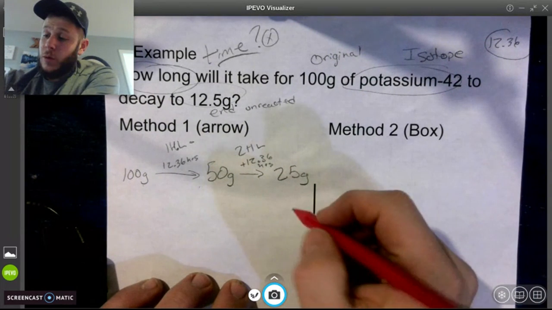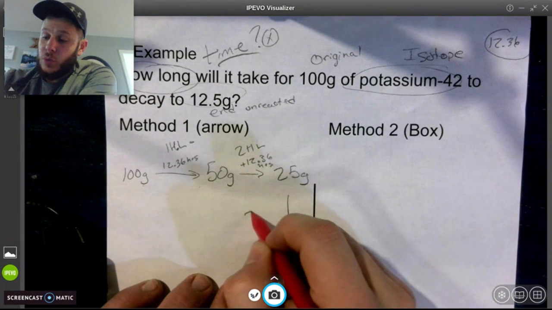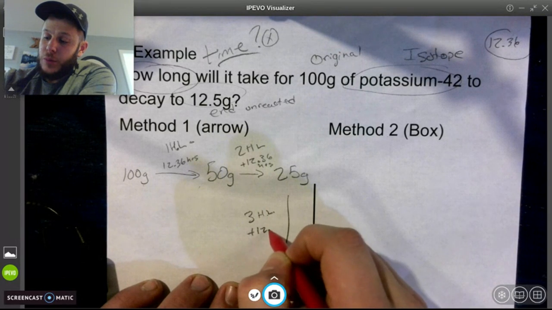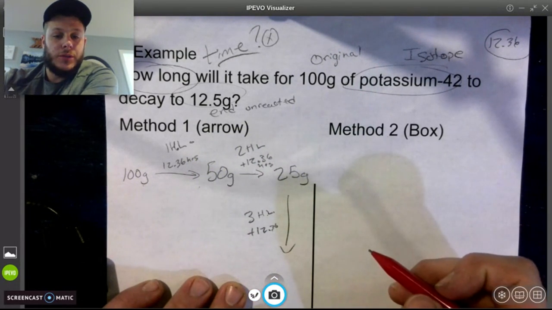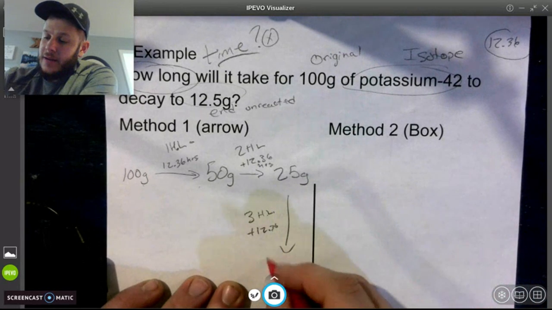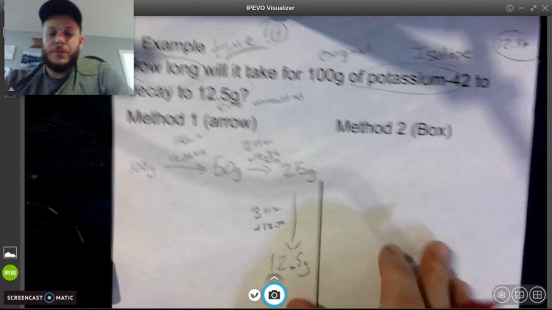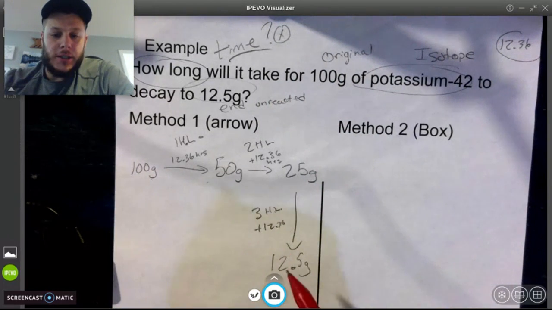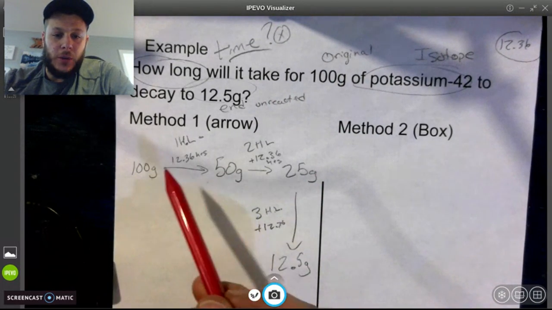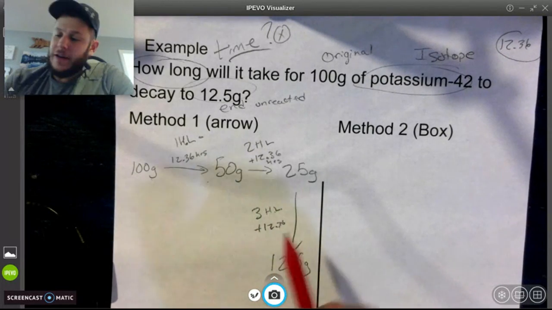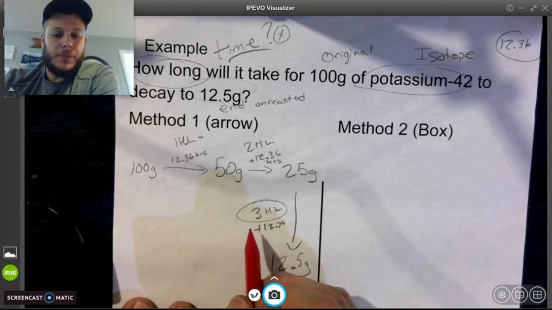That's still not 12.5. So I must have at least gone through a third half-life, plus another 12.36 hours. If I went through that, I would be left with 12.5 grams. So by just arrowing across, I figured out that I went from 100 to 50, 50 to 25, 25 to 12.5, three half-lives.